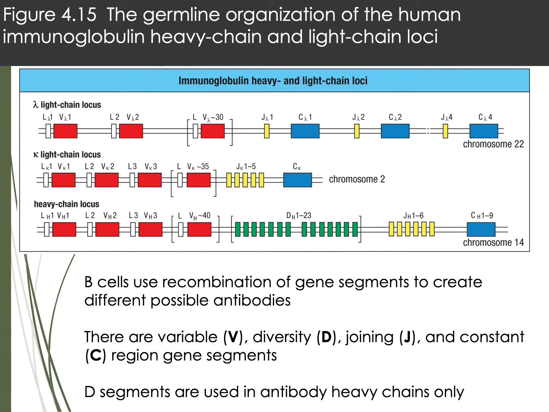When we look at the heavy chain, we could pick variable 3, diversity 20, joining 2, and then it keeps all the constants. But depending upon what the expression's needed, it would pick a constant to actually express.